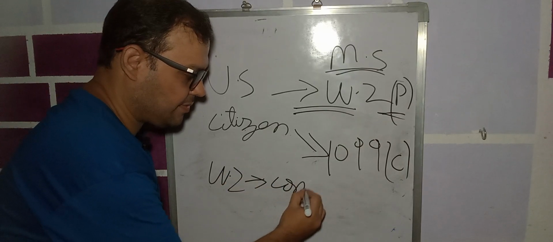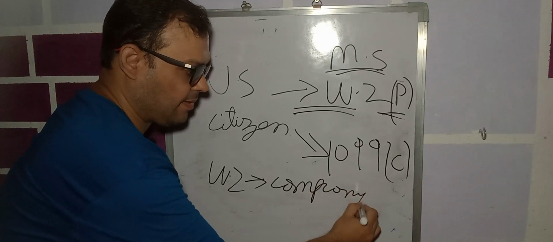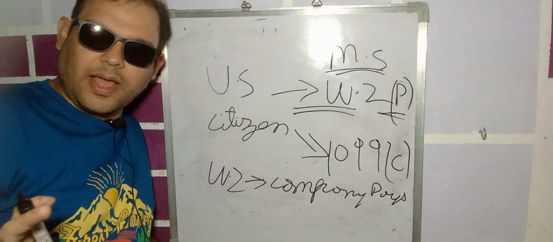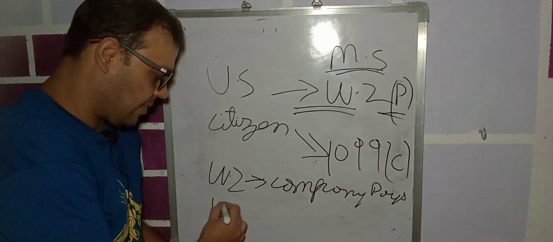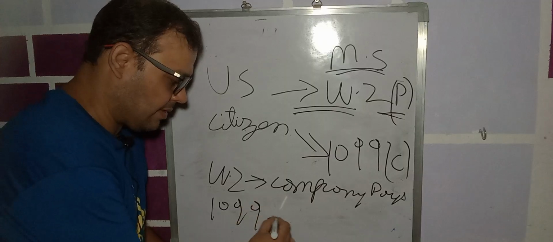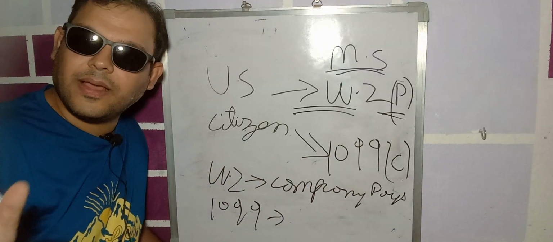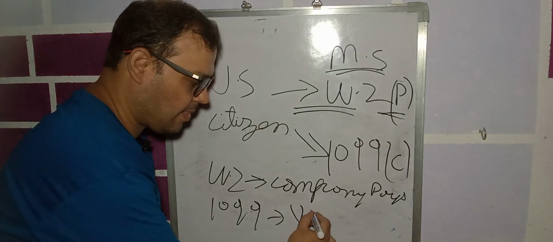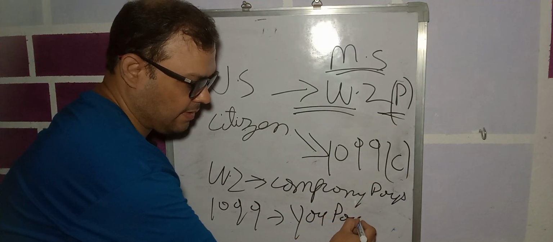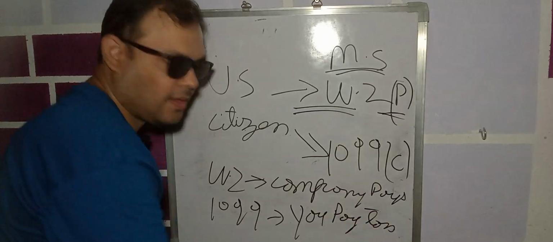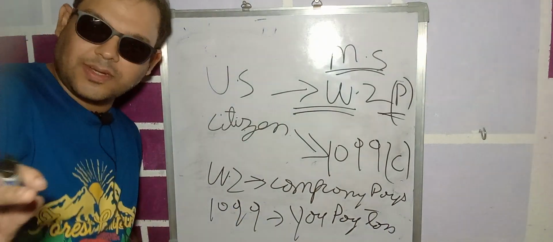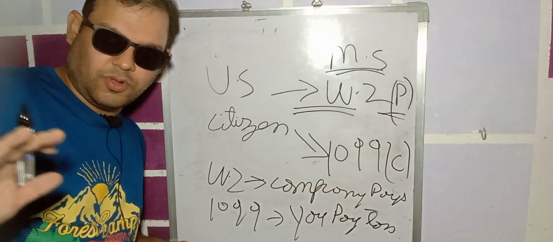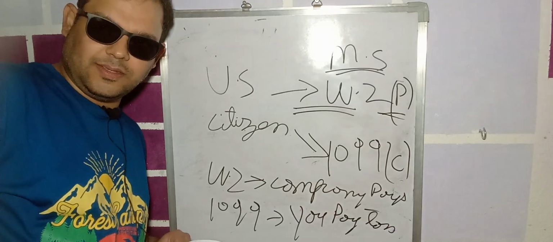In W-2, the company pays your taxes. In 1099, you, the US citizen, are responsible for paying the taxes yourself.